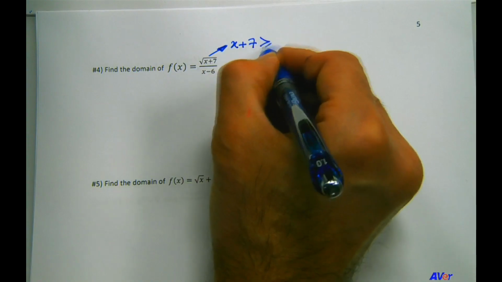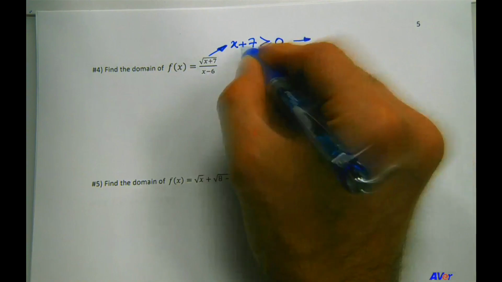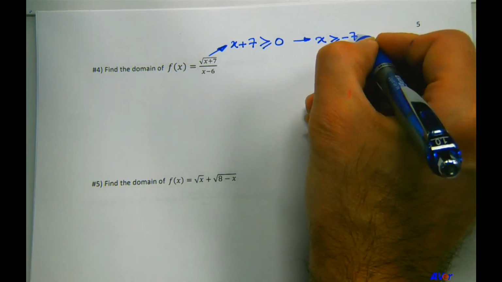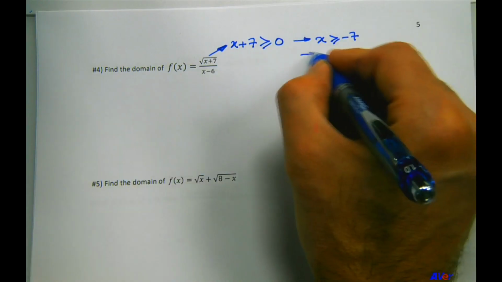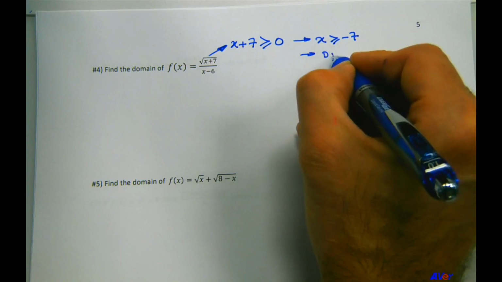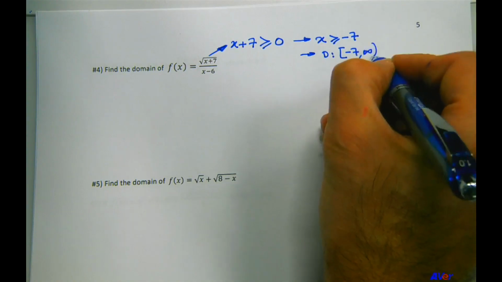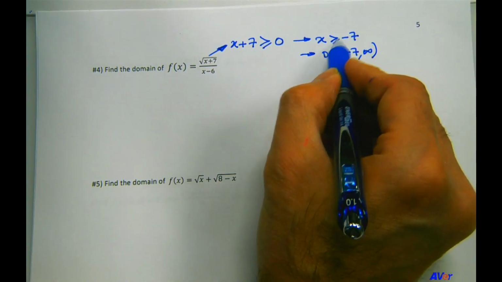So we can set that up as x plus 7 greater than or equal to 0. Then solve for x here. x is greater than or equal to negative 7. Therefore, the domain for the numerator is going to be bracket negative 7 comma infinity parenthesis. So bracket negative 7, because negative 7 is included in the domain, right?